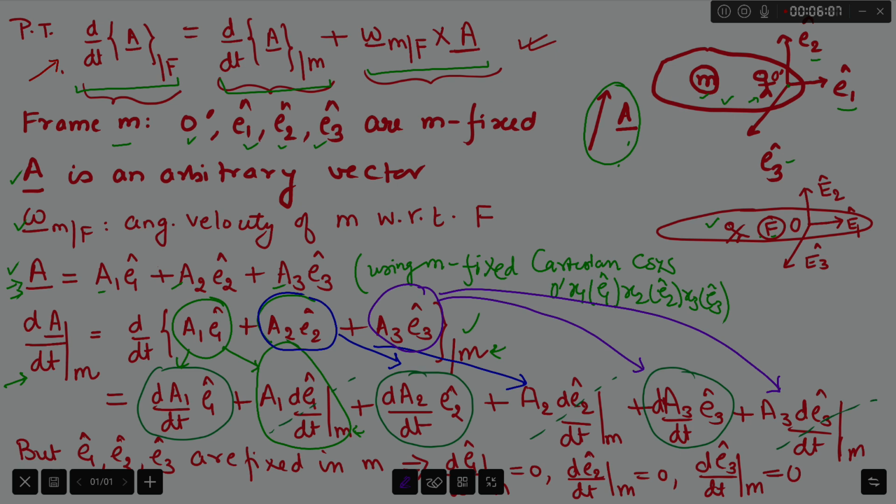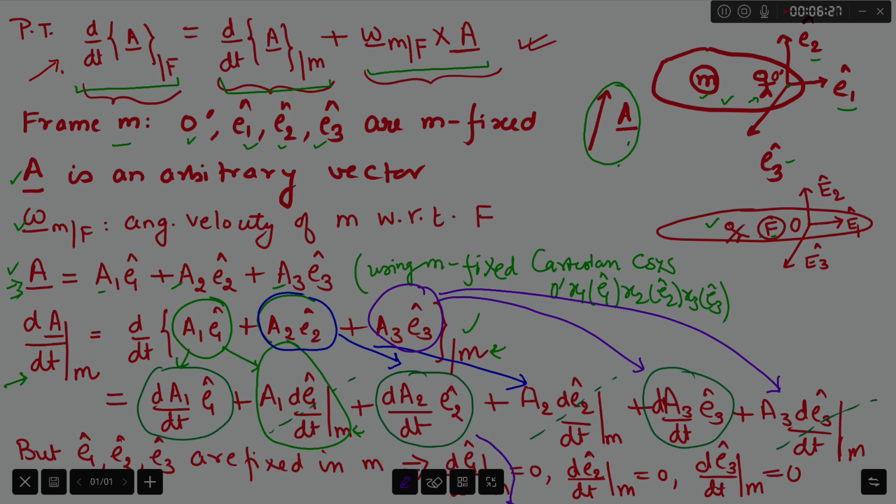But then we remind ourselves that these E1, E2 and E3 are fixed in M, which implies that the rate of change of E1, E2 and E3 with respect to M will individually be 0. Perhaps this part is not visible.